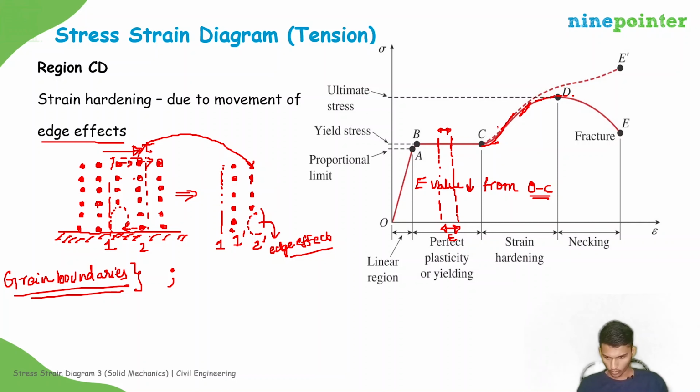But if you increase the same amount over here, the epsilon will be this, epsilon dash. So epsilon dash will be less than epsilon. Do you understand? On increasing the same amount of stress, the value of strain will be less in the portion of strain hardening. So this is about strain hardening.